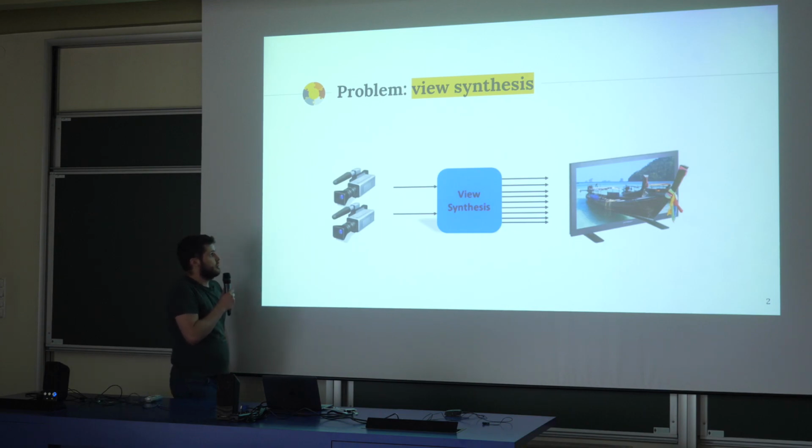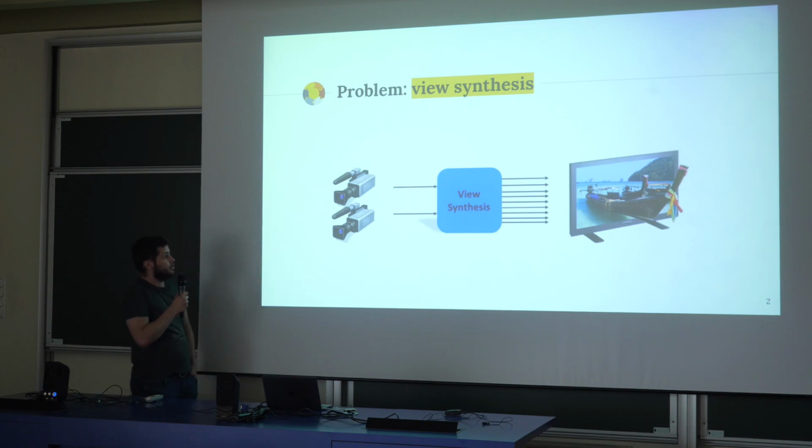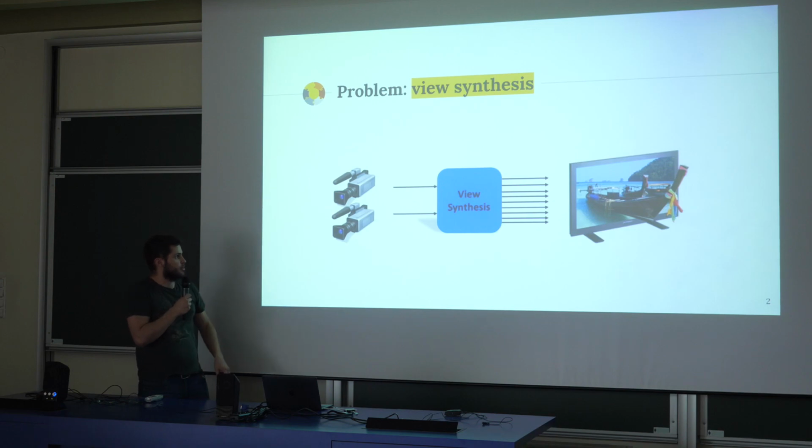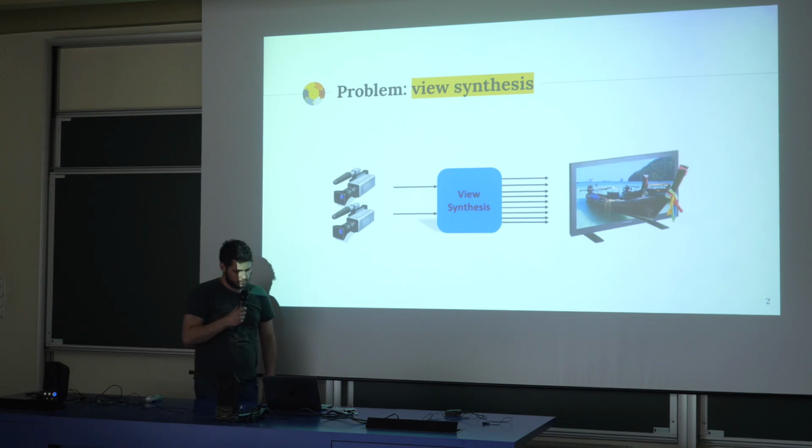So the problem is we want to do view synthesis. We have a scene, and we want to have some kind of representation which will allow us to give a position and direction for a camera and provide an image of that scene from that point of view.